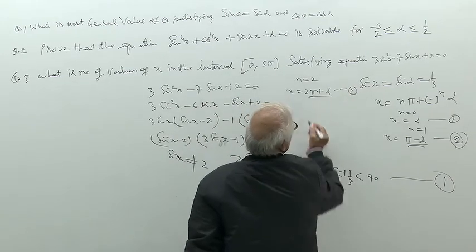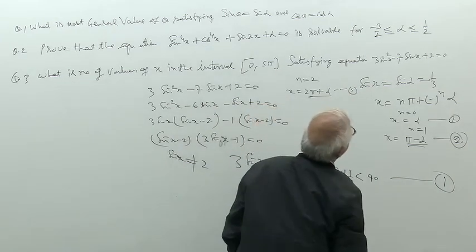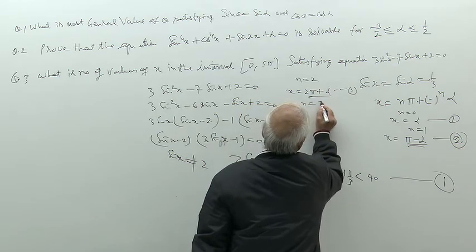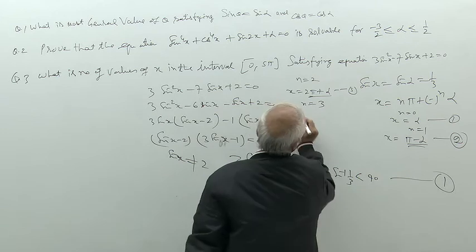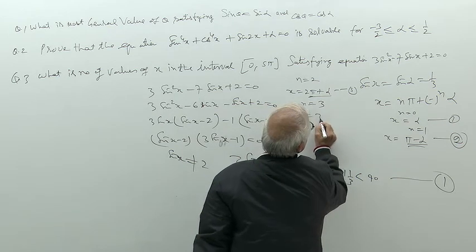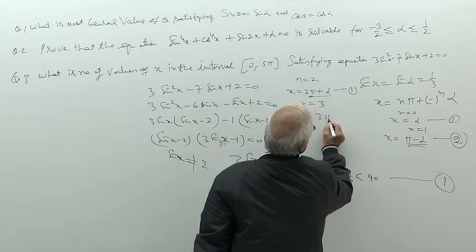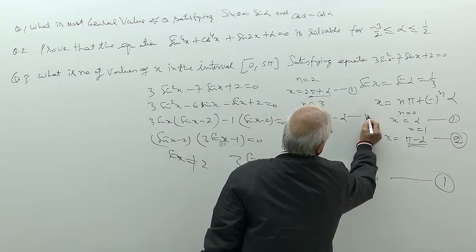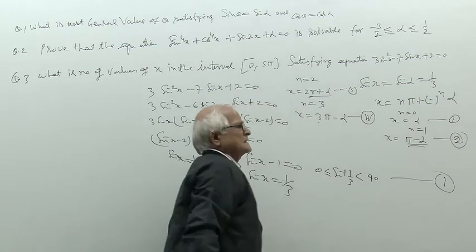Now put n is equal to 3. Then we get x is equal to 3 pi minus alpha. This is the fourth value.